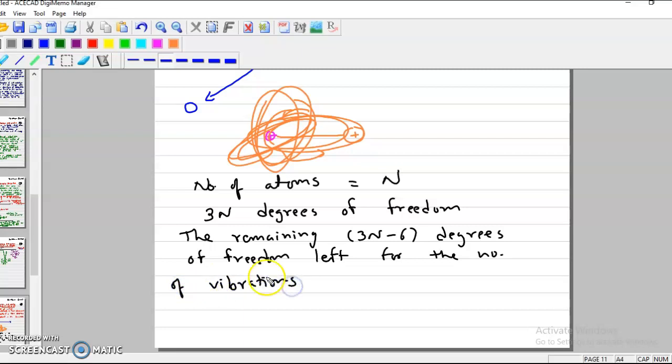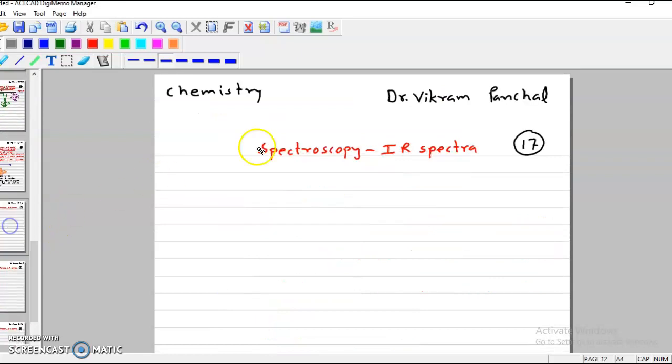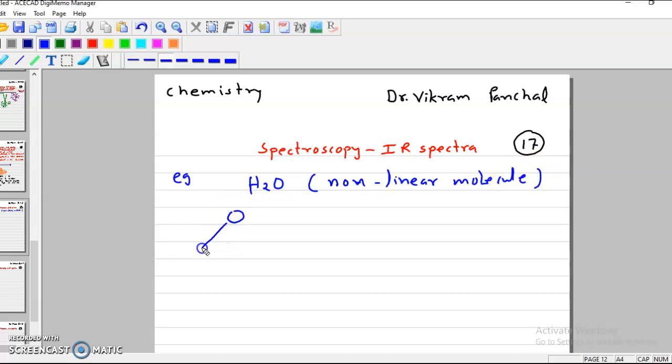To explain the number of vibrations, let us take one example: H2O. H2O is a non-linear molecule. It is angular, the shape of H2O is like this, and this bond is polar.